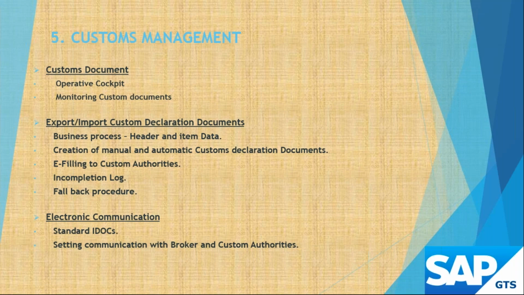If you have ever done anything in export import, you will know these two things; you can search on Google as well. K2 form, K8 form: these are the forms that have to be filled in the government custom authorities. And once they approve it, they send it back to SAP. How this interface is happening, how e-filing is happening, how the custom declaration document is being created, all I am going to cover in this custom management session.